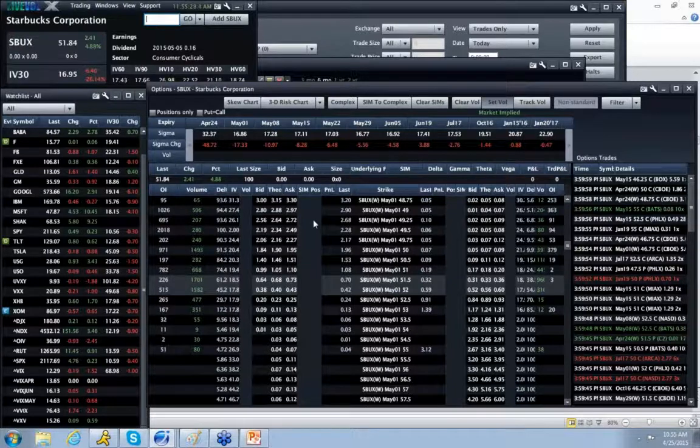All right, so at 53 bucks for sure, you think that's a level Starbucks could get to by next week. And if you look at the way the market is pricing premium, at 53 bucks you're going to see that's the first option that has a nominal value over 10 cents.